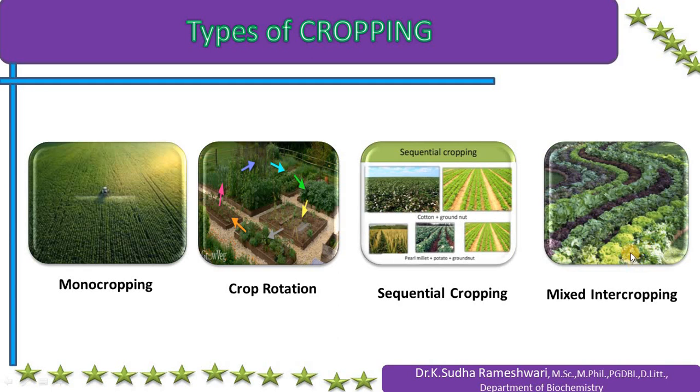This is distribution of seeds of both the crops, or sprinkling the seeds, without any row arrangement. In other systems we have arrangement of rows, but in mixed intercropping there is no need of arrangement.